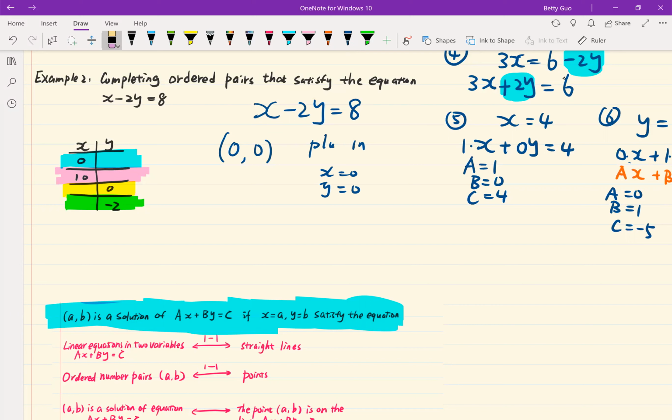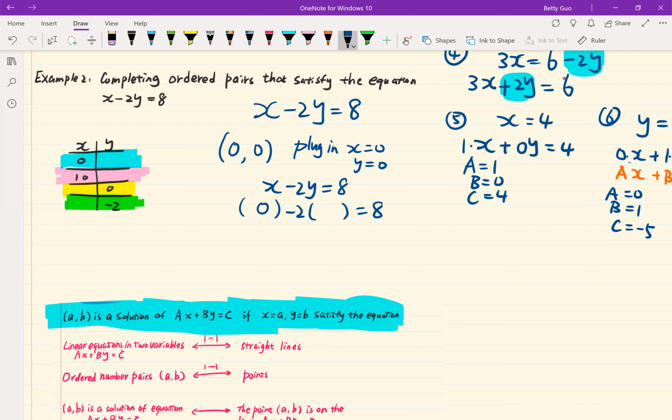It is a very straightforward process. We plug x equals 0, y equals 0 into the equation. I use parentheses to hold the place. We put a 0 in the place of x, and a 0 in the place of y.